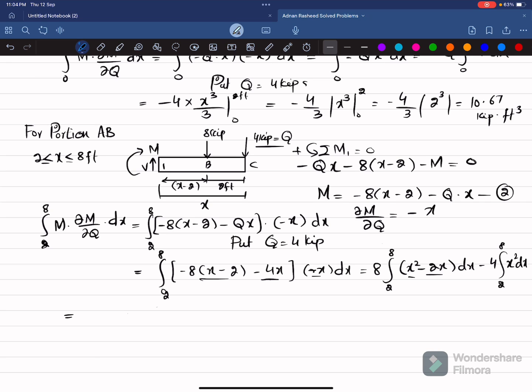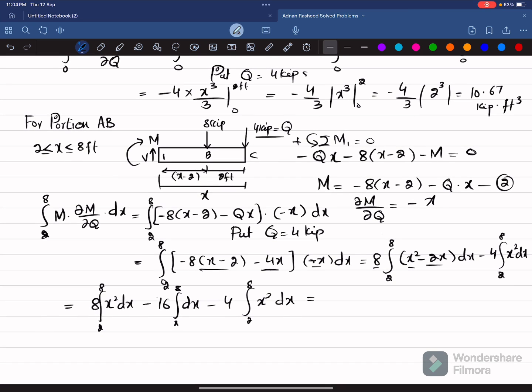Now this 8 into x squared, so 8 into the integral of 2 to 8 of x squared dx, minus 16 into the integral of 2 to 8 of x dx, and minus 4 into the integral of 2 to 8 of x squared dx.